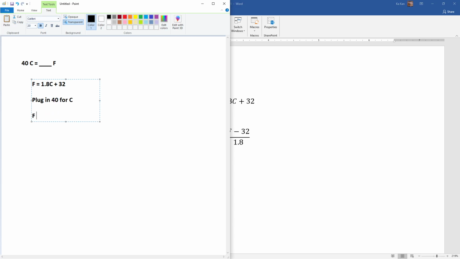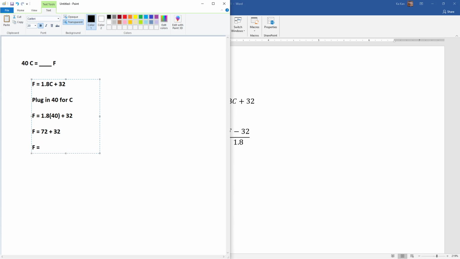So we'll have F equals 1.8 times 40 plus 32, which is, what's 1.8 times 40? 72. So there'll be 72 plus 32.